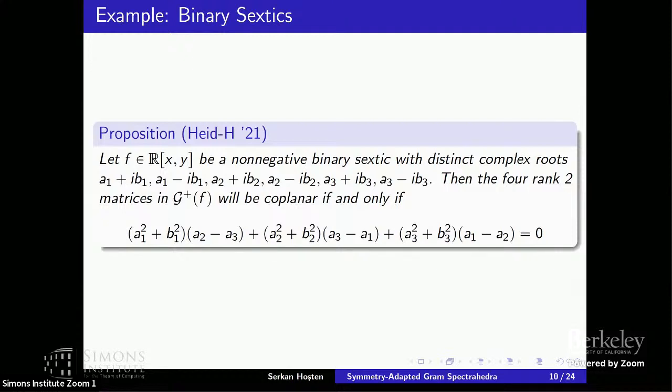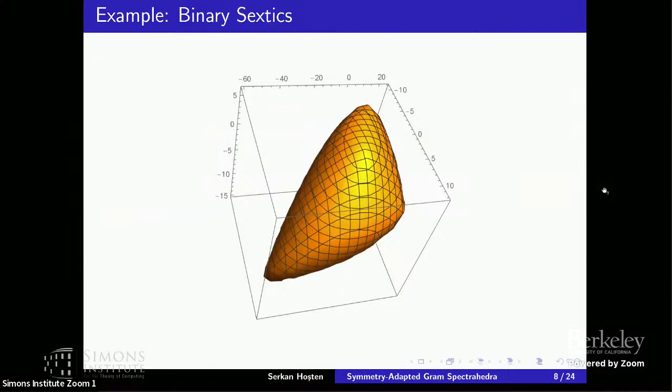By looking at those, you can write down a condition that says that those 4 rank 2 matrices on the boundary can actually lie on a hyperplane. So that's a generic picture.